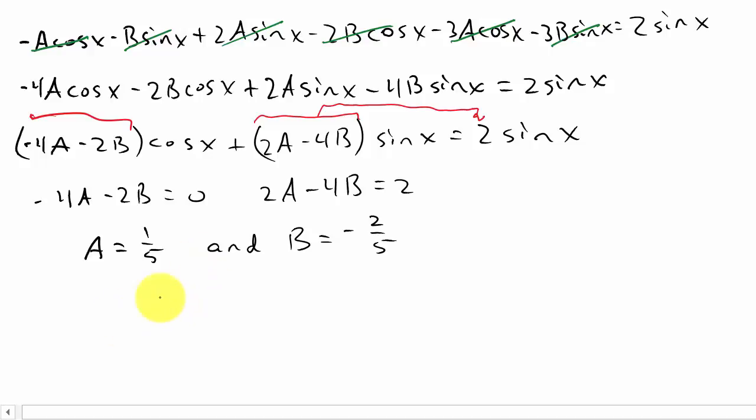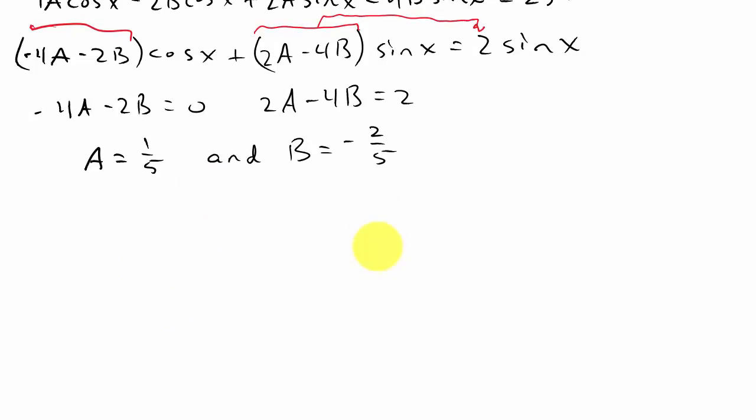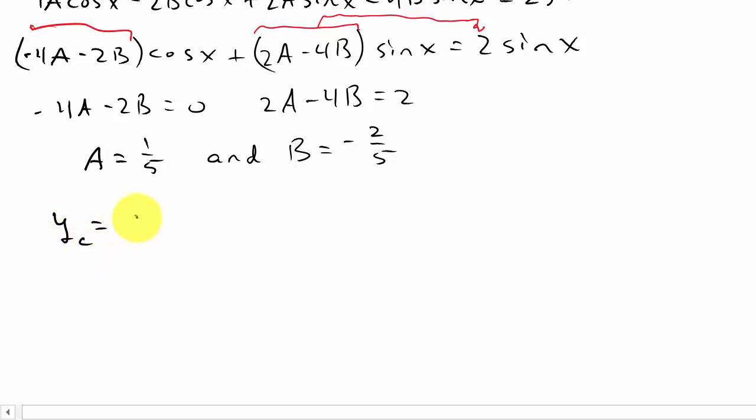Alright, so if you remember, we had y sub c was equal to c1 e to the negative x plus c2 e to the 3x. That's what we got when we set it equal to 0 and solved.